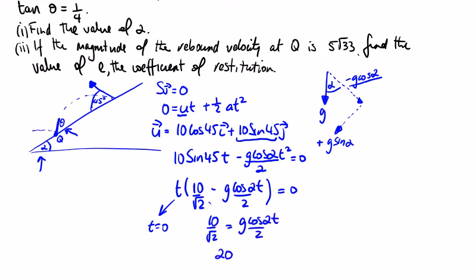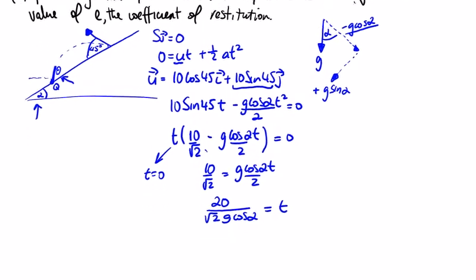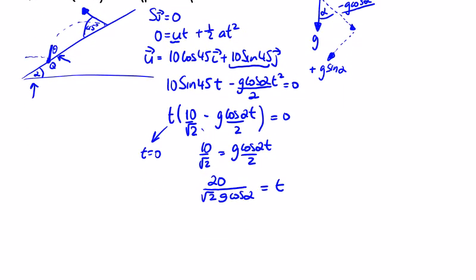So 20 over root 2 g cos alpha is equal to my time. 20 over root 2 is 10 root 2, so time is equal to 10 root 2 over g cos alpha.